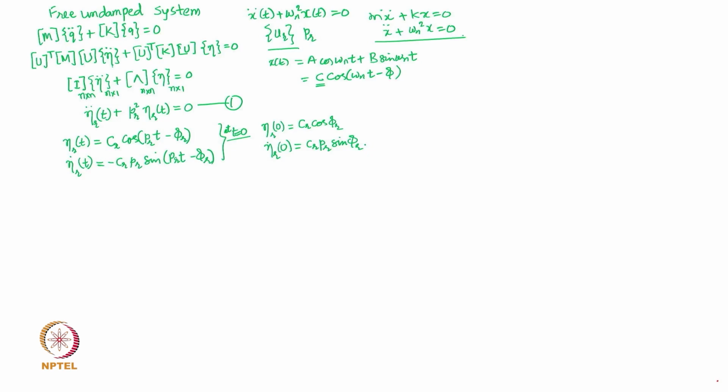Now I would write this equation in a form like this: eta r equal to C r cos phi r cos p r t plus C r sin phi r sin p r t.